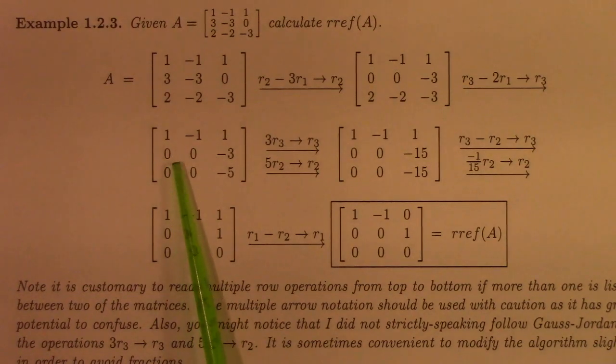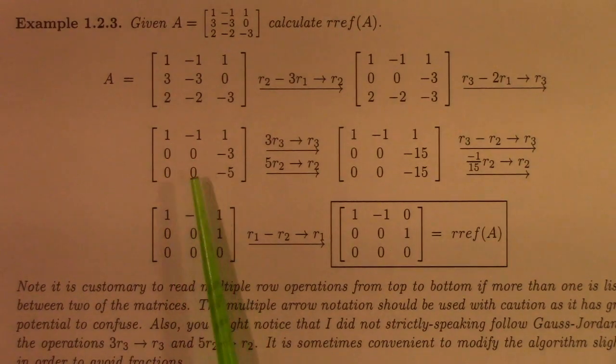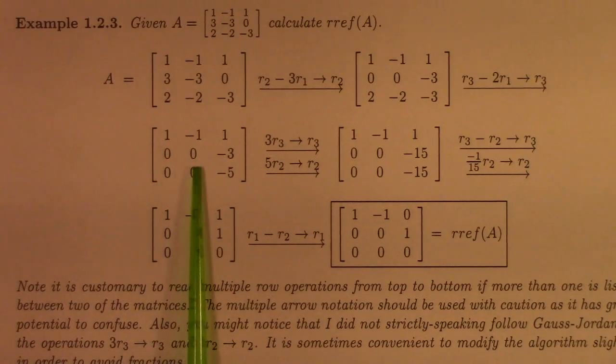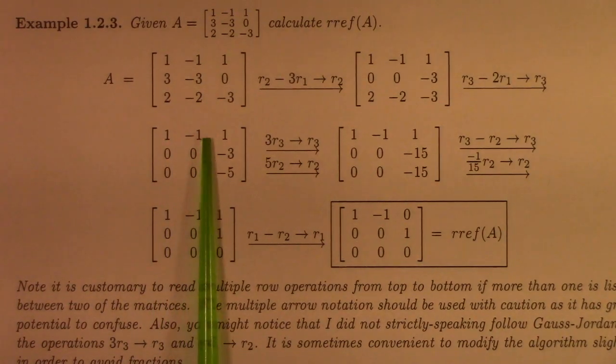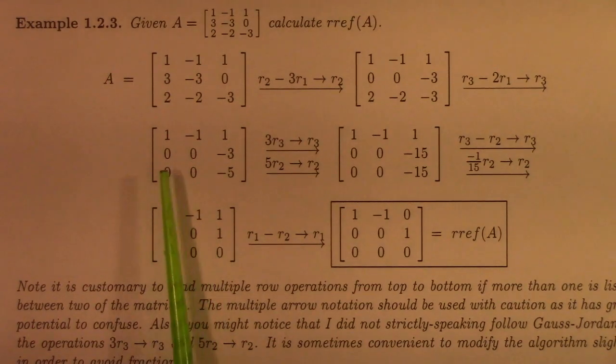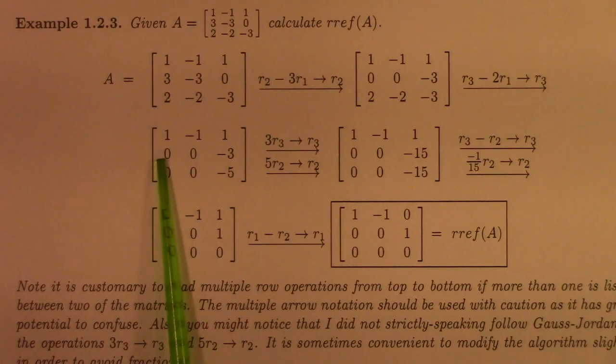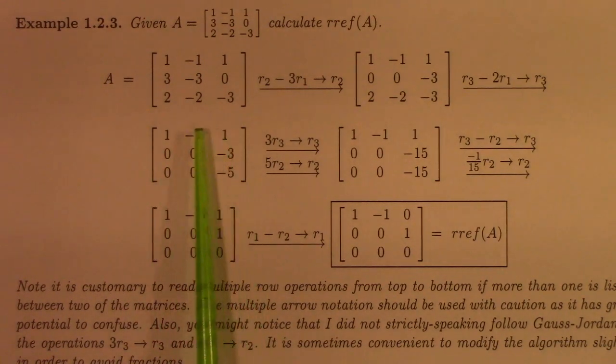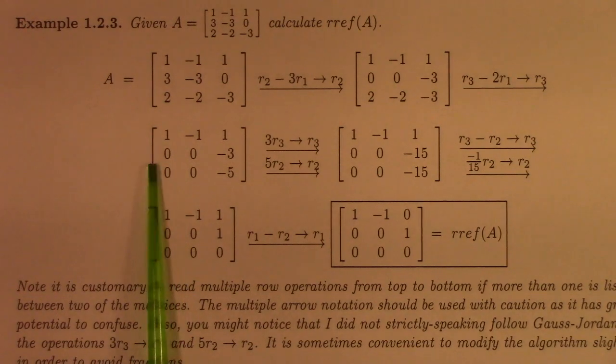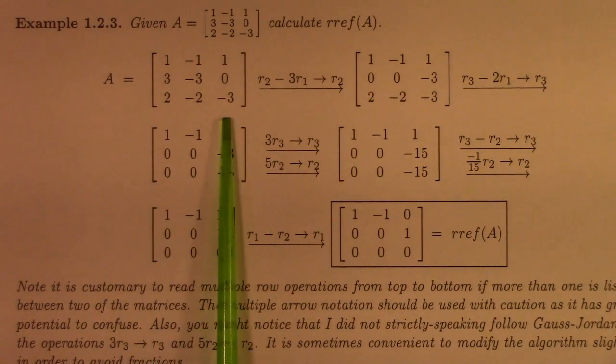Now this one's kind of cool because this time I cannot use the second column as a pivot column, because that 1 is behind the -1, like so. So once I've finished the first pivot, I look for the next non-zero column.